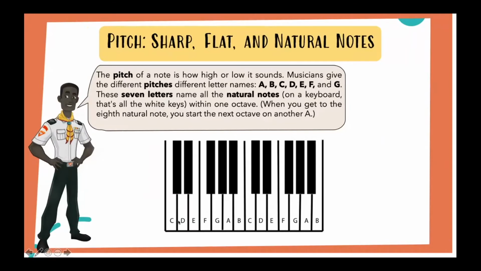The distance between one C and the next C, we call one octave. So basically they are one octave apart. So that's the difference between them and how we call them as well.